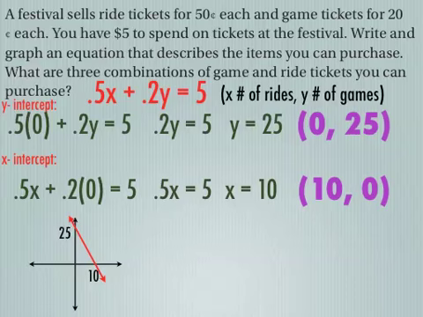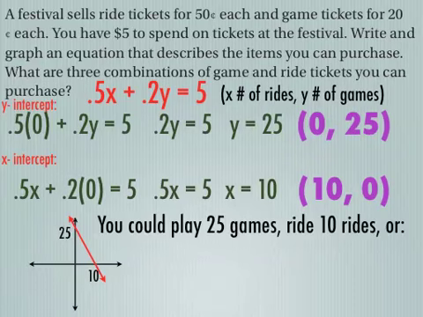Remember, y is the number of games and x is the number of rides that you can purchase. So just from the 2 intercepts that I've found, I can say you could play 25 games, because remember, y is representing the number of games. You could ride 10 rides. Notice that each of those is without playing or riding the other games or rides.